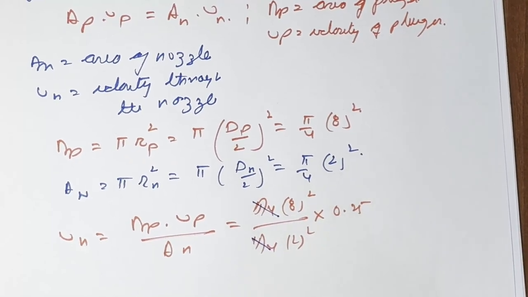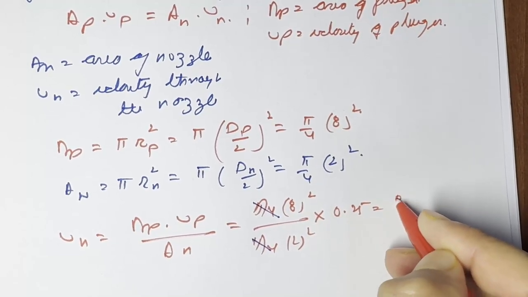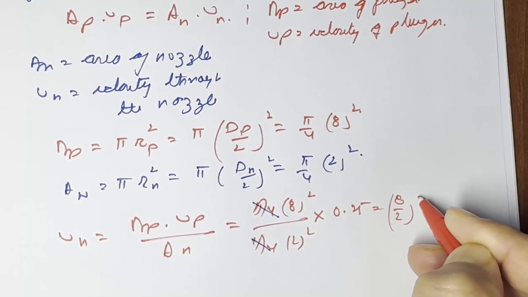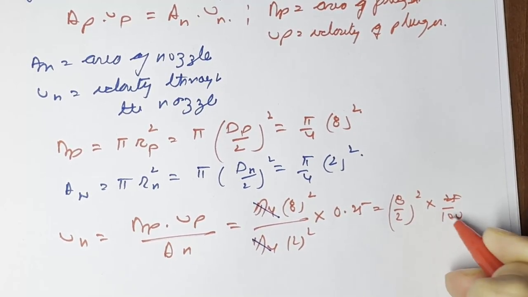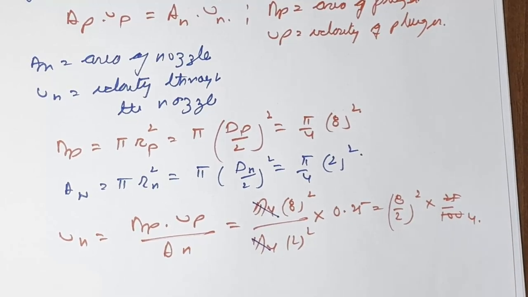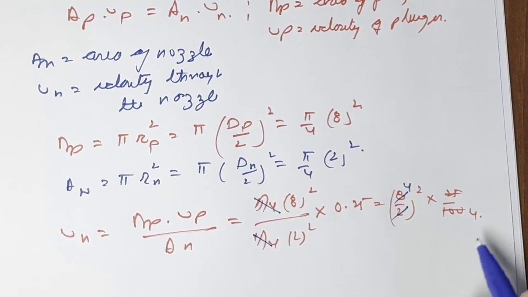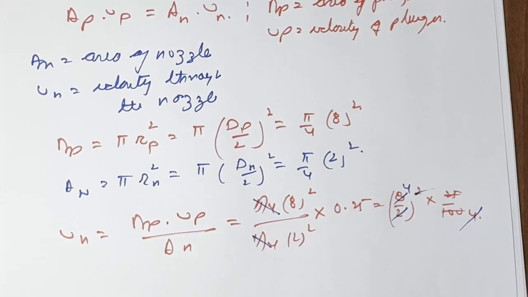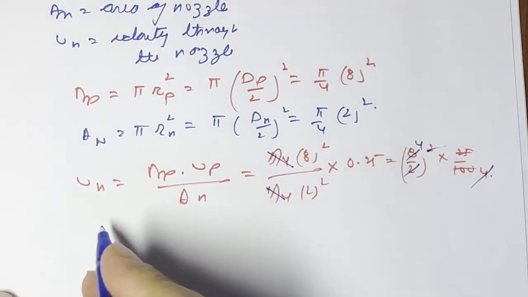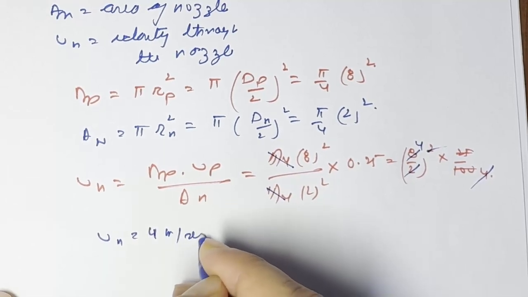Pi by 4 cancels out, so this will be 8 by 2, whole square, multiplied by 25 divided by 100. This comes to 4 and this also comes to 4, so they cancel, and we get VN equal to 4 meter per second.